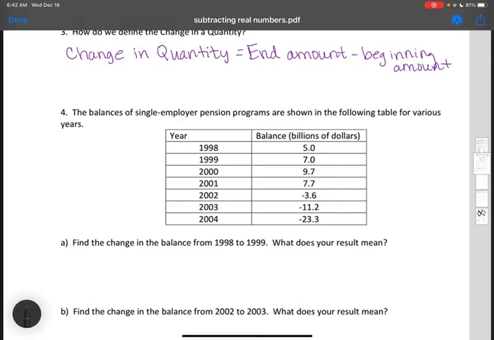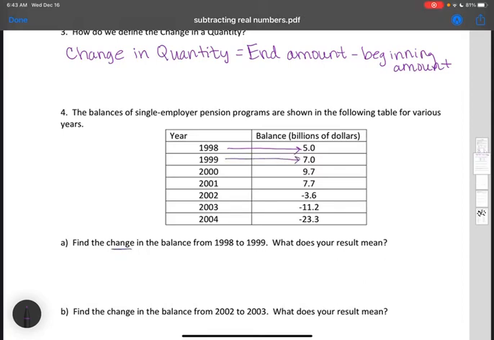So for part A, it says find the change in the balance from 1998 to 1999. What does your result mean? So let's look at 1998 is 5, right? And 1999 is 7.